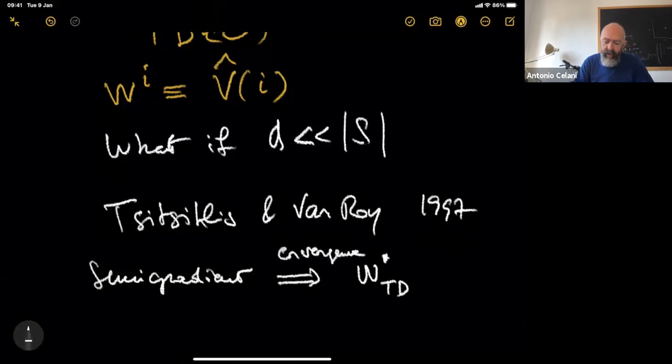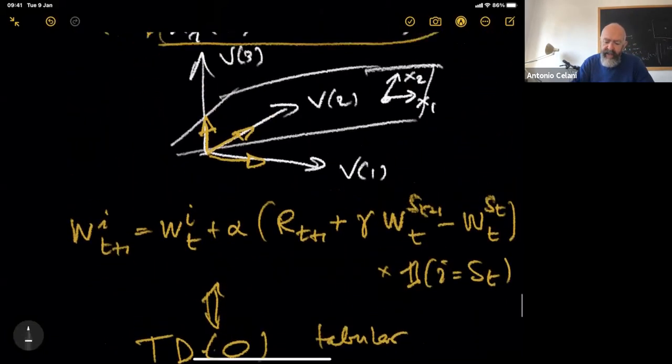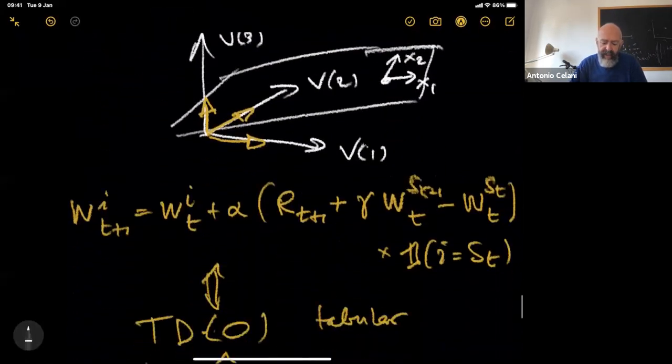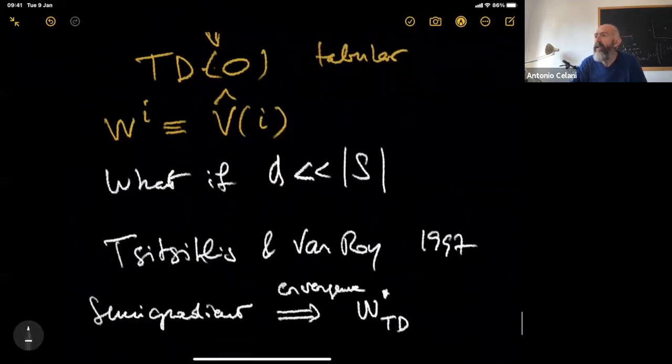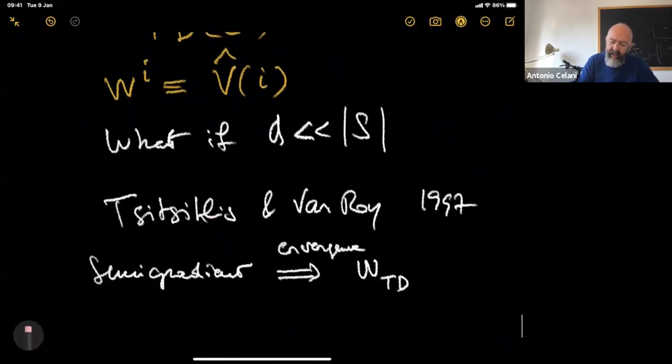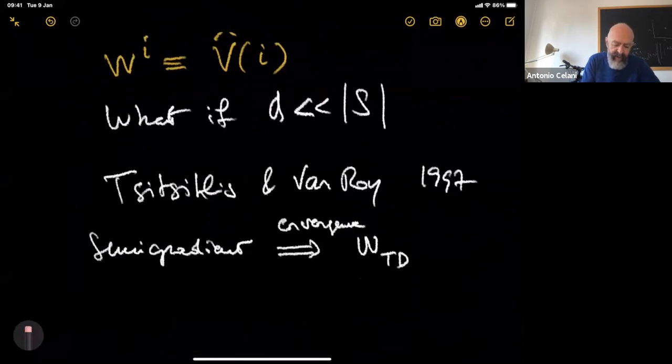With linear approximation, if you apply this general rule, you can prove, and it's not a particularly difficult proof, it's contained in the Sutton and Barto book, that this iteration converges to a fixed point, and we're going to call this fixed point w_TD.